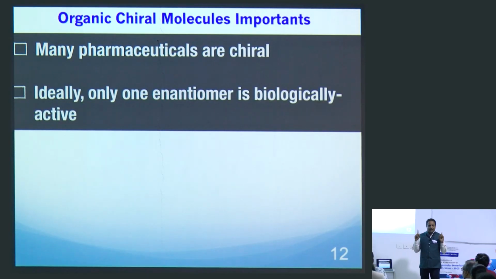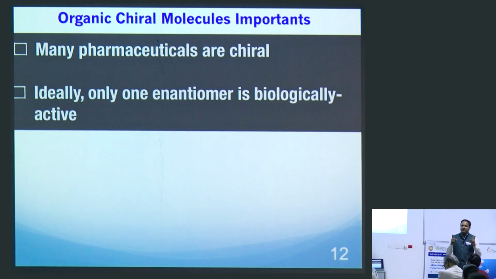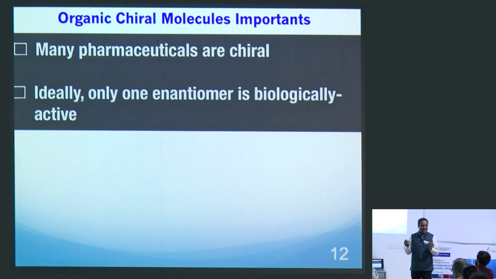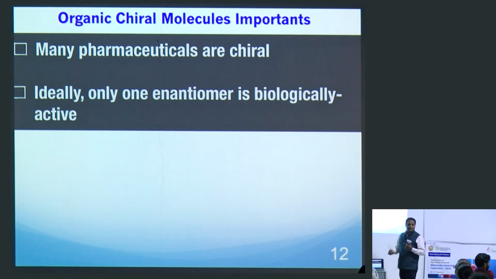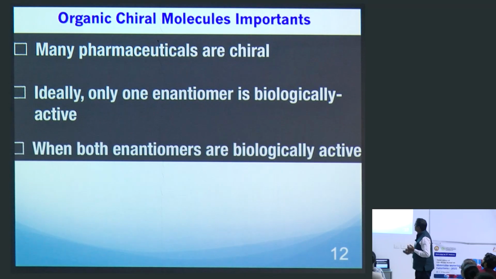A compound containing one chiral center forms two enantiomers, one is the R isomer, another is the S isomer. Sometimes if R is useful, S creates a problem, or sometimes S is useful and R creates a problem, or is inactive. That's how it works in the medicinal industry, and that's why our enzymes bind with the pharmaceuticals.